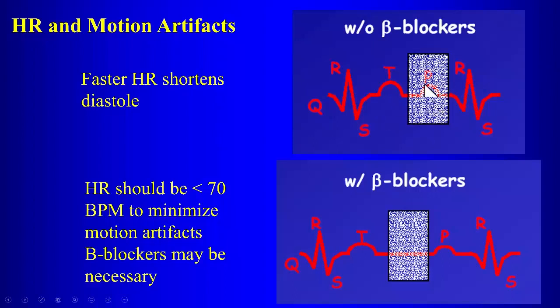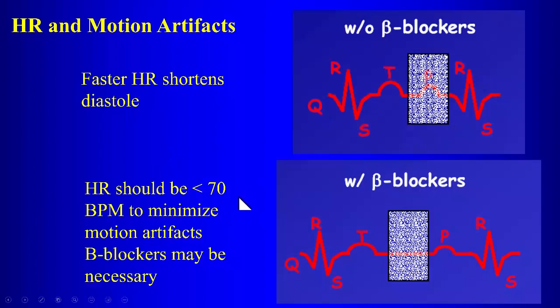This is why you'll have atrial motion, and then the right coronary artery becomes the vessel that is most difficult to evaluate at the higher heart rates. And that's why you give beta blockers, to slow the heart rate down, so that gives you more time in diastole, and now your scanning window is going to be free of the P wave. And so you'll get less motion from the right coronary artery.